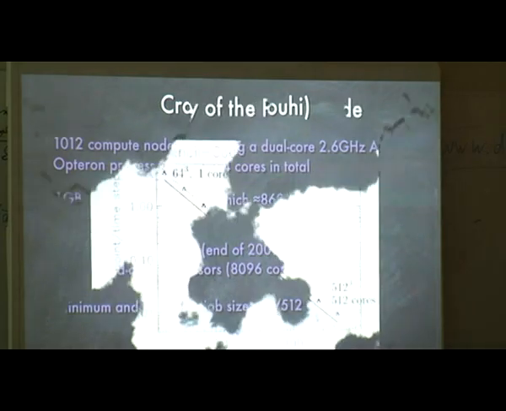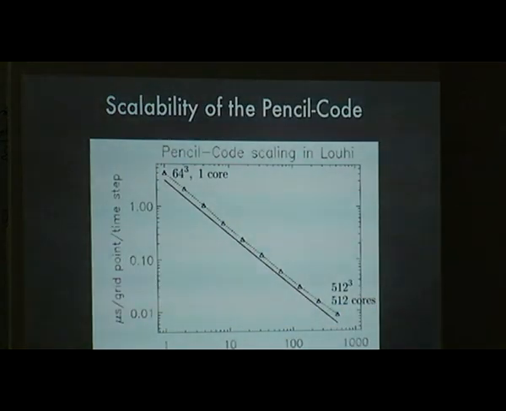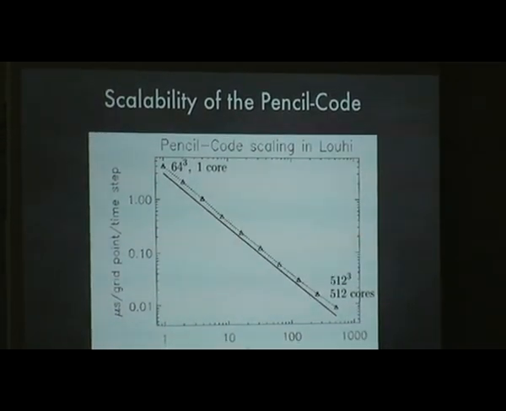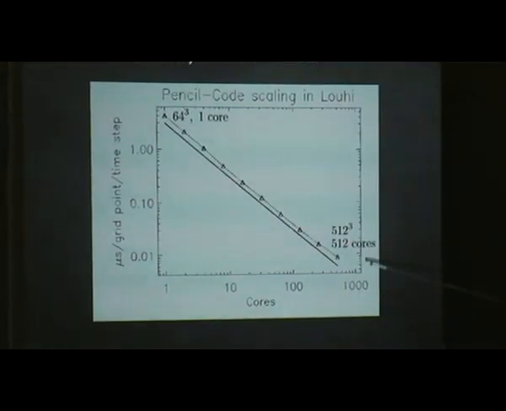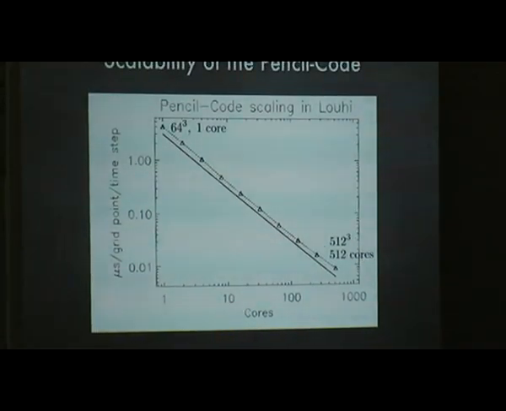Okay, so then the Pencil Code on this machine. Here I did a few tests. I started out with 64 cubed with 1 core, and then kept the problem size per core constant and went all the way up to 512, which was the largest one available. And the scaling is very good actually.